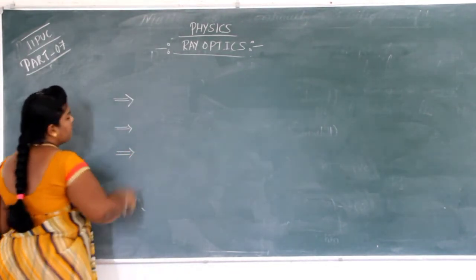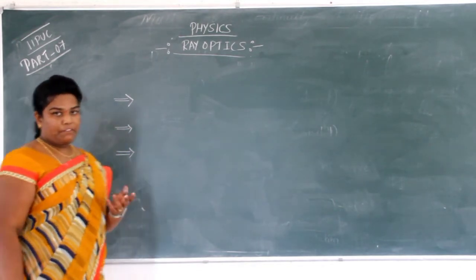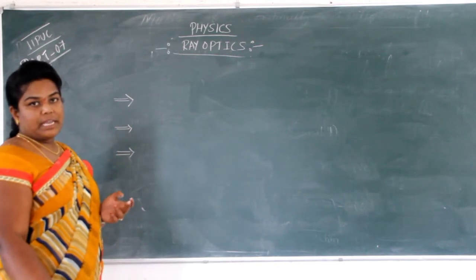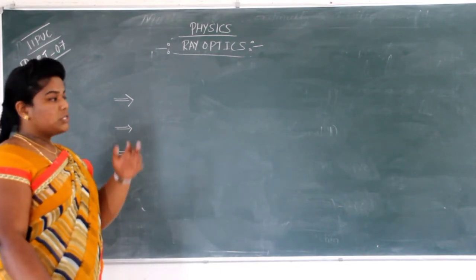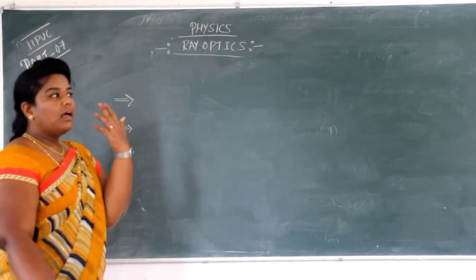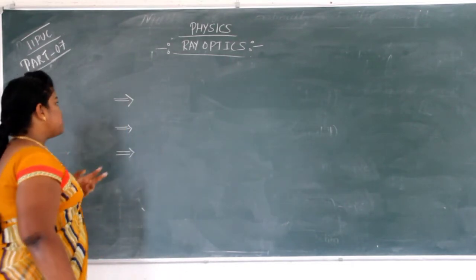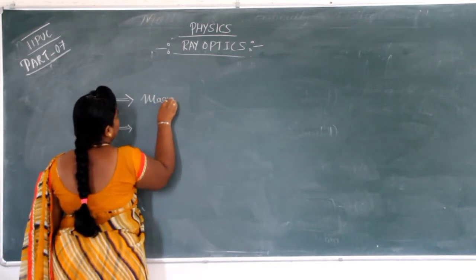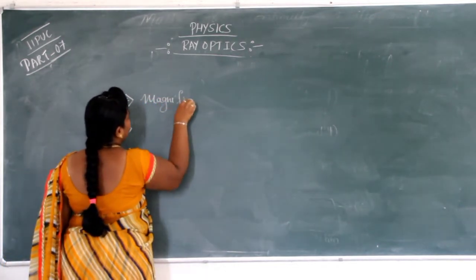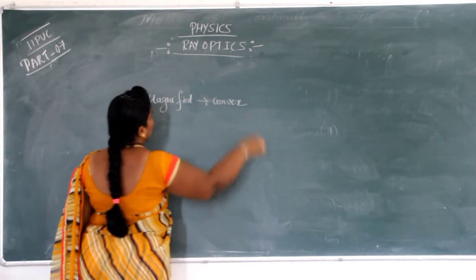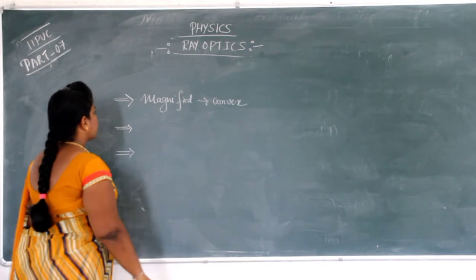See, when we give a piece of lens, you can perform an experiment by placing a candle and observing the image on the opposite side of the lens. If the image formed is magnified, it indicates that the given piece of glass is a convex lens.